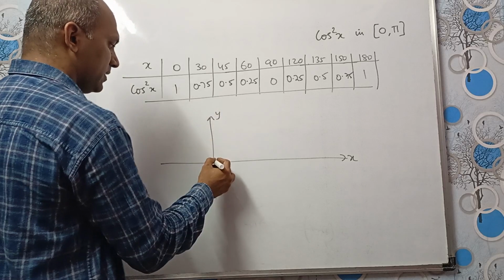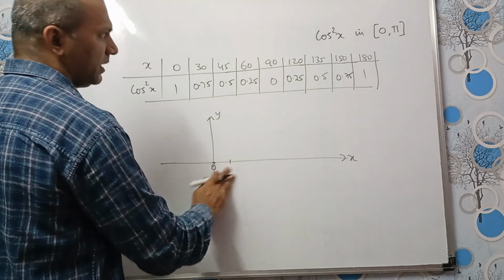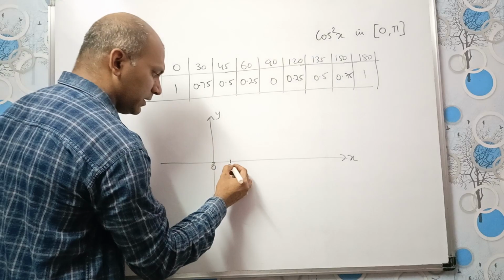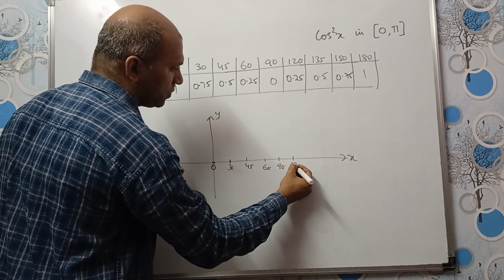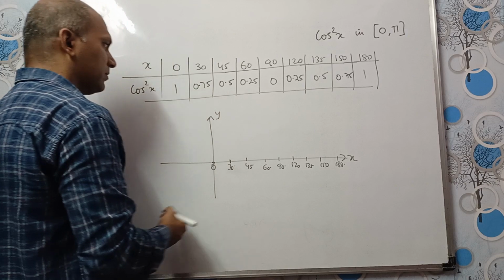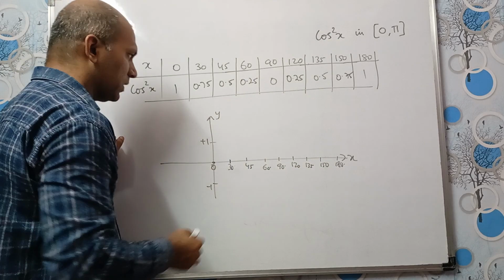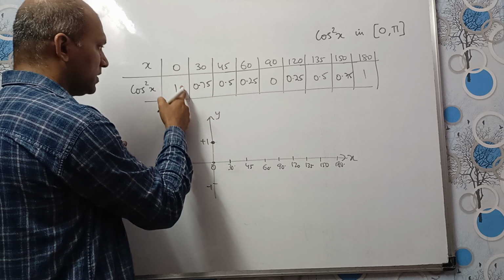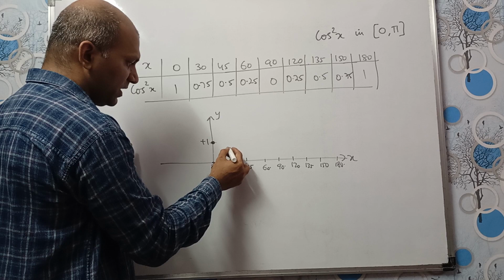X axis, y axis, 0, 30 degrees. Let us write 30 degrees only. 30 degrees, 45 degrees, 60 degrees, 90 degrees, 120, 135, 150 and 180 degrees. Plus 1 is maximum, minus 1 is minimum, right? But we will not have minus 1 anyway. So at 0, this is 1, cos square x will be 1. Cos 30 is 0.75, somewhere here.